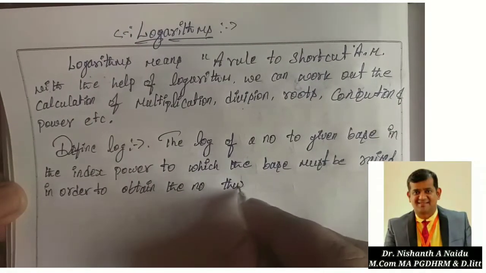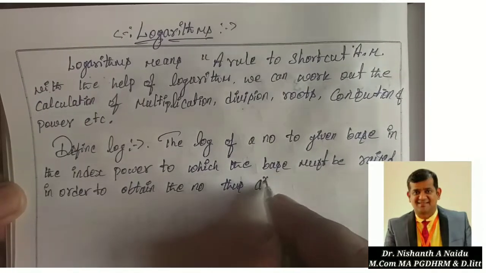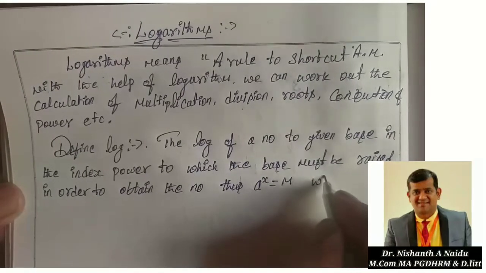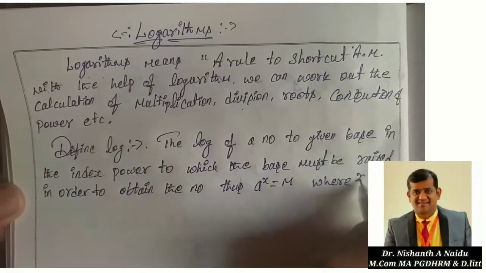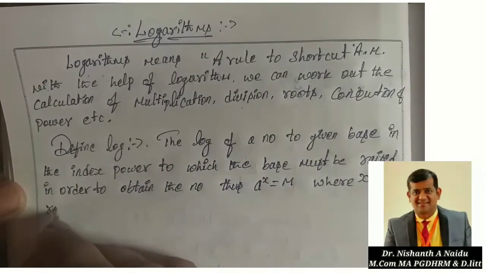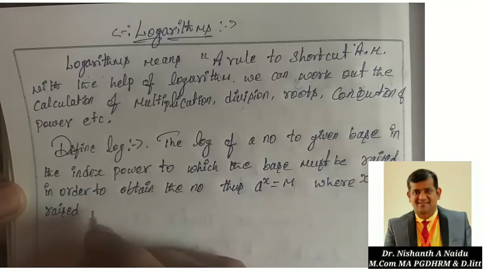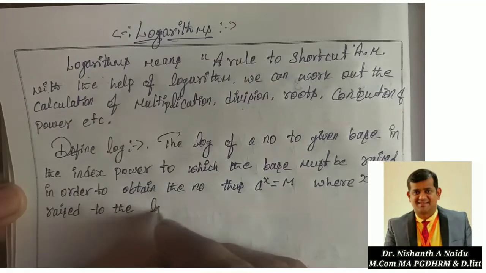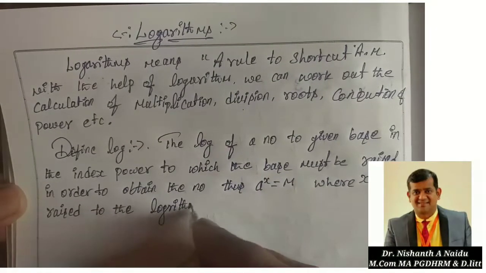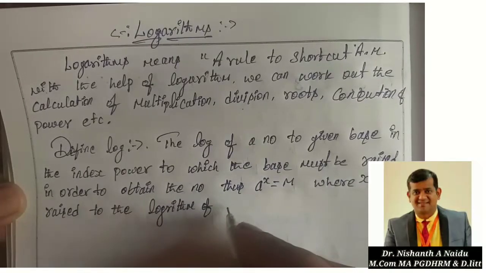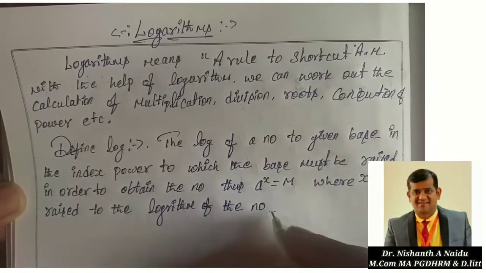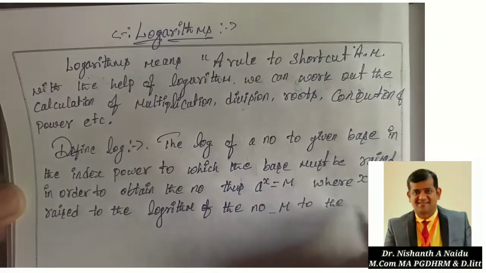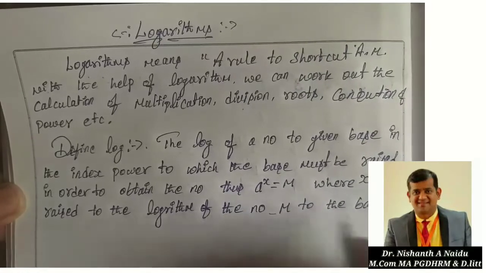Thus, a to the power of x equals m, where x is the logarithm of the number m to the base a.